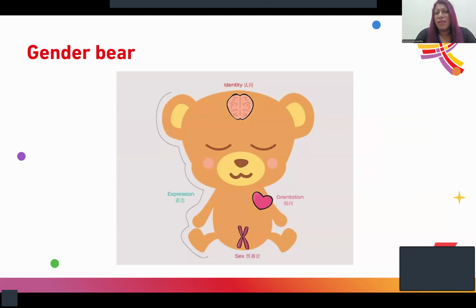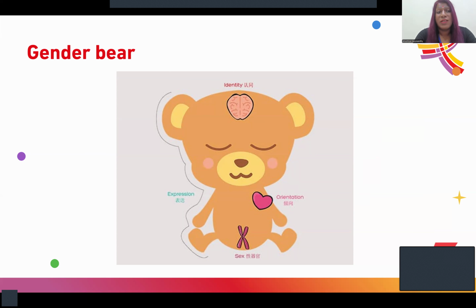Now I'll summarize what we have learned so far. I'll take myself as an example. Although I was assigned male at birth, I identify myself as a woman. Therefore, I'm known as a trans woman. I prefer to be addressed using she and her.